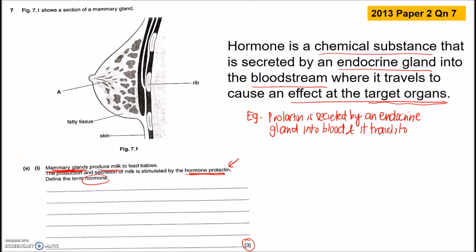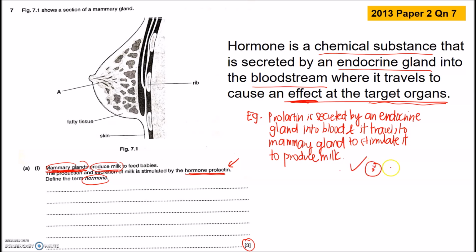So over here is target organ, so I write down the target organ, which is mammary gland, and over here I want to produce an effect, so the effect is to produce milk. Okay, so to stimulate it to produce milk. Over here we make use of point number 3, which is linking back to the context of the question, or answering the question itself. That's how we get the 3rd mark.